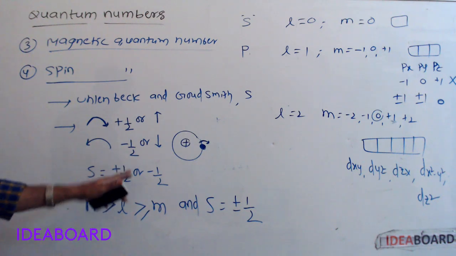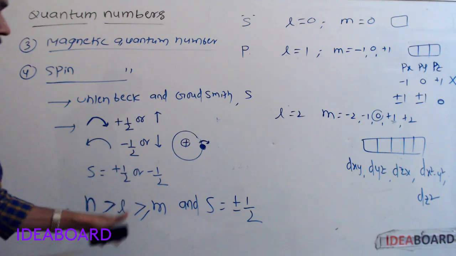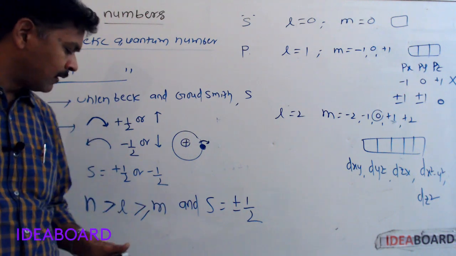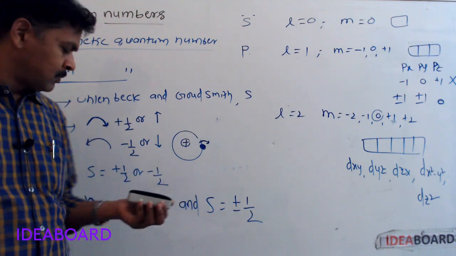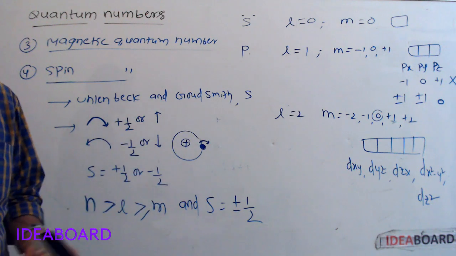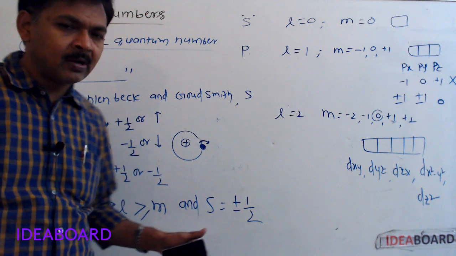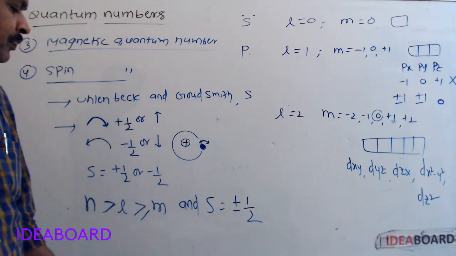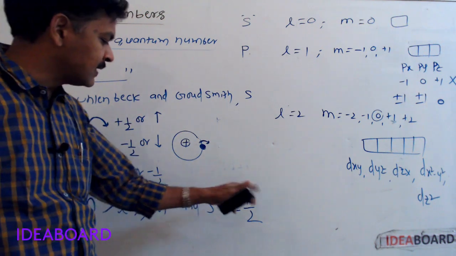So n should be greater than l, and l greater than or equal to m. If l is equal to 1, then m values are minus 1, 0, plus 1. And S value should be plus or minus 1 by 2.